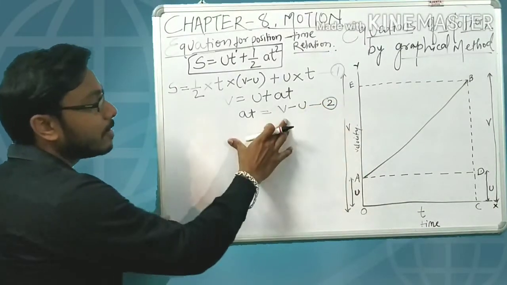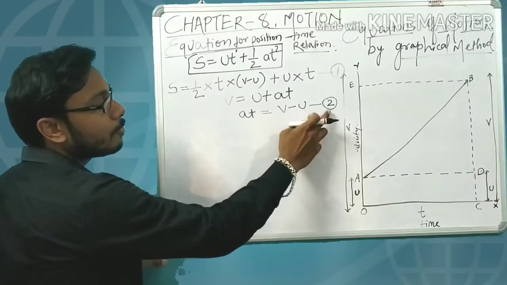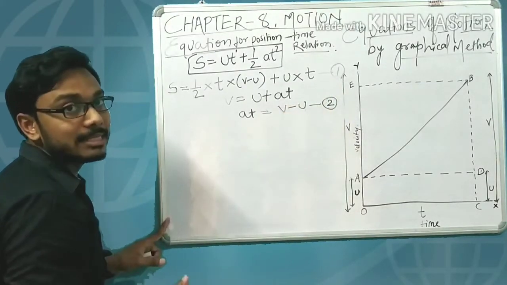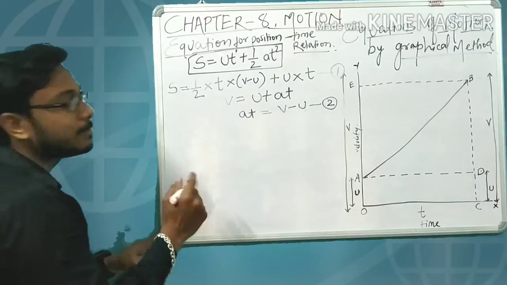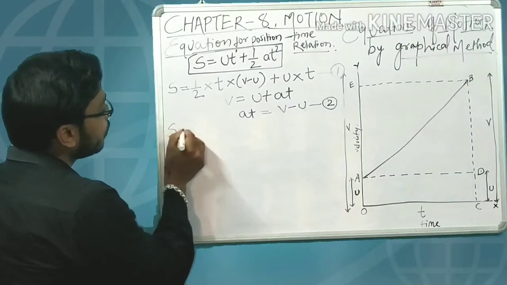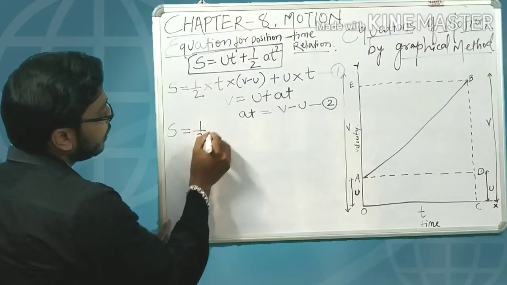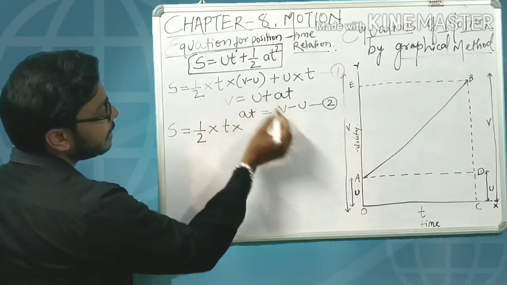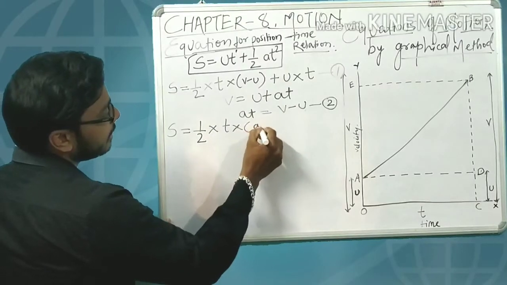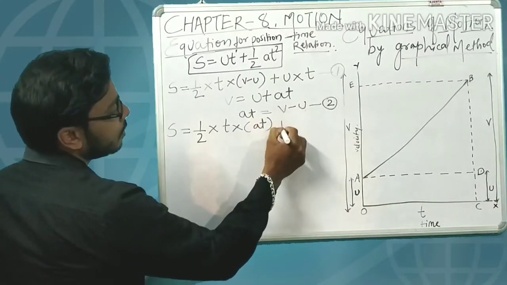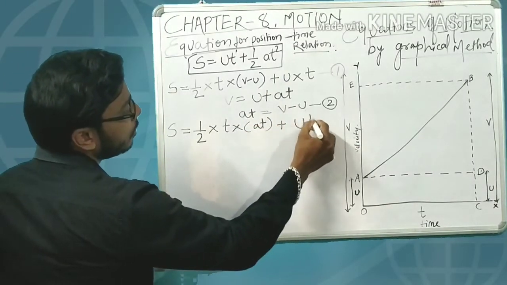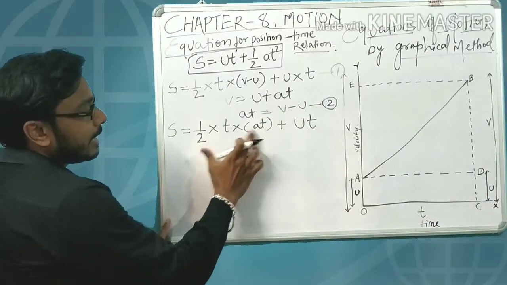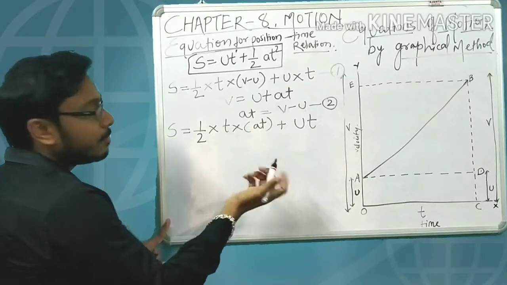So we will put the value of equation 2 into equation 1 for deriving the second equation of motion. So s is equal to half into t into this value, which is at, plus u into t, which is ut. So at into t will become a t square.